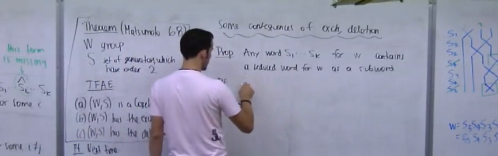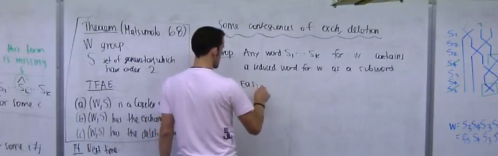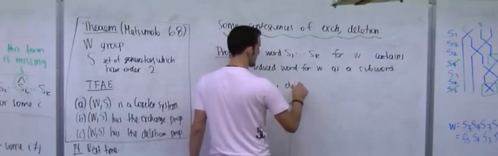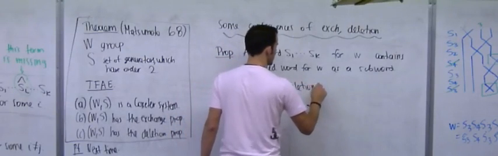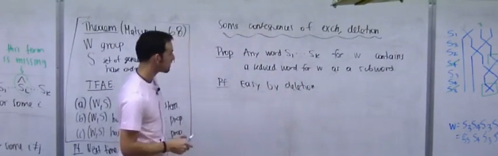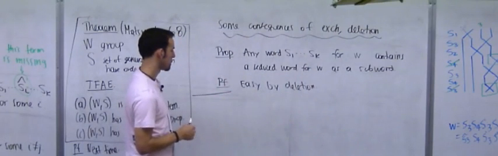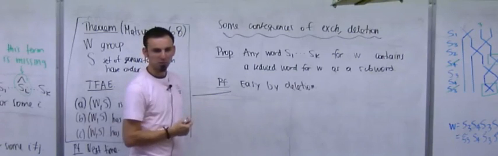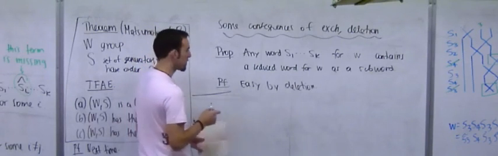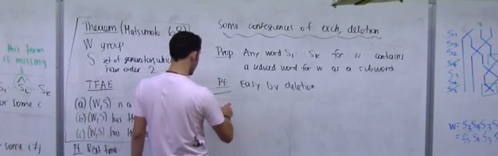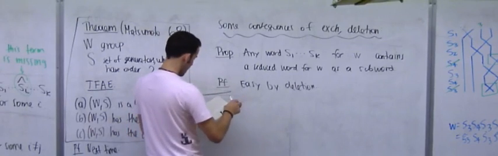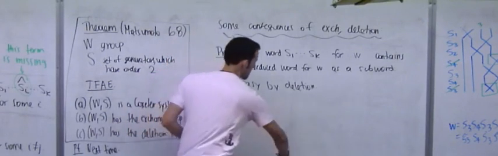So the proof is fairly easy by the deletion property. Seems easy now, but if I had asked you to prove this a week ago, you would have found it very difficult. So that's one proposition.